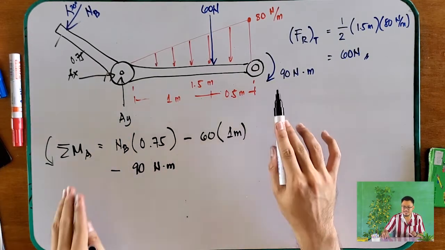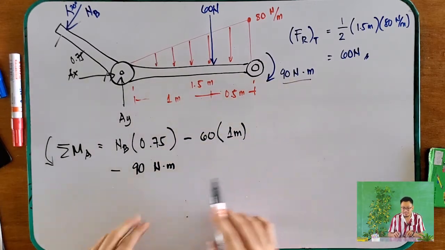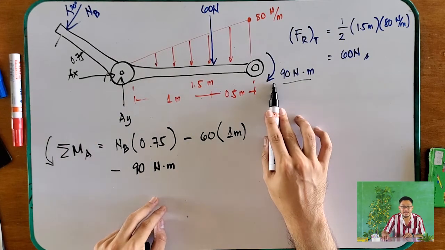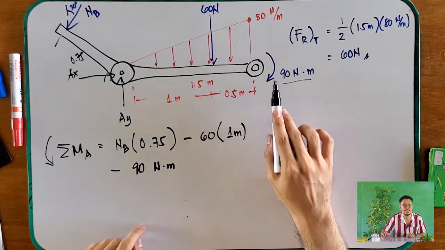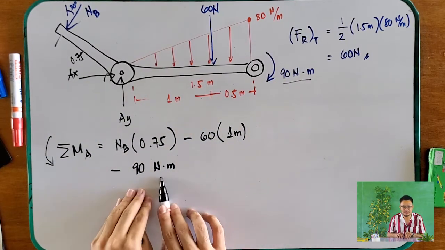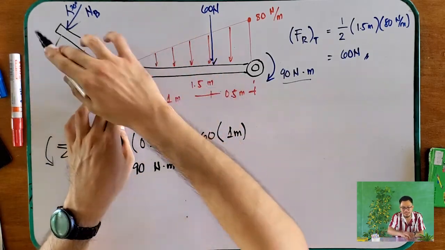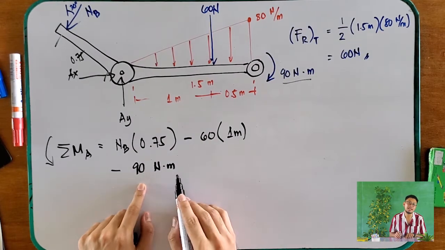Take note, when you sum moments and there is an external moment, you don't put a moment arm on it. Because it is already a moment. If it were just a force, that is where you put a moment arm. But if it is already a moment, you don't put a moment arm. Because this one is a free vector. So anywhere it is located, it doesn't matter. Okay? So, just 90 newton meter is what you put.